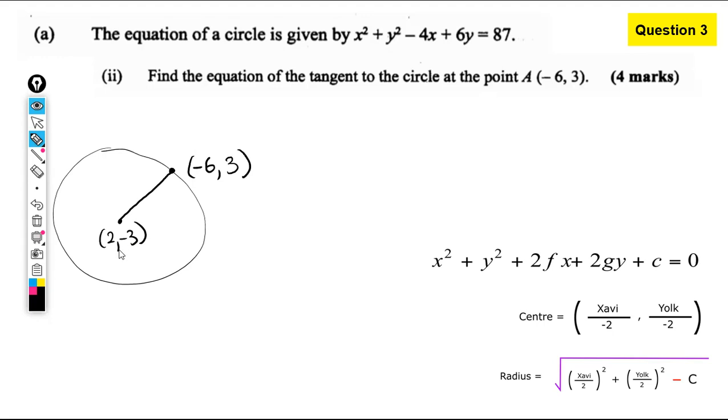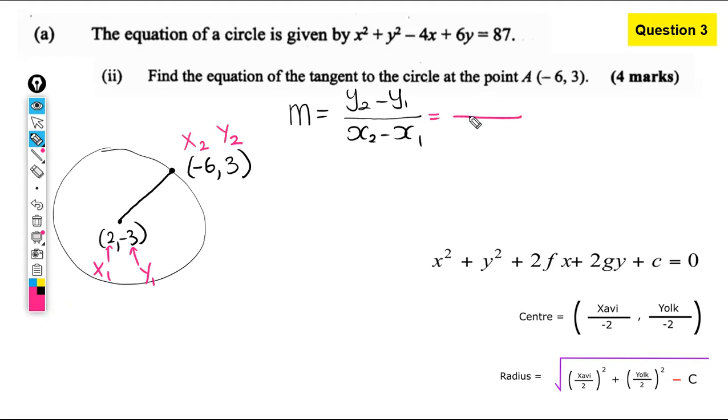So what I would suggest is you all find the gradient of the radius first using the regular boring maths formula: y2 minus y1 divided by x2 minus x1. You could call the center x1 and y1, and the point on the circumference x2 and y2. So you just substitute it into the formula.